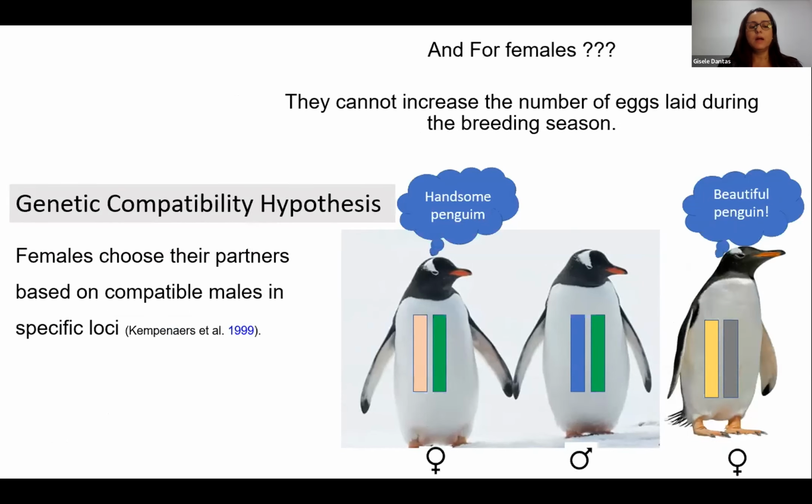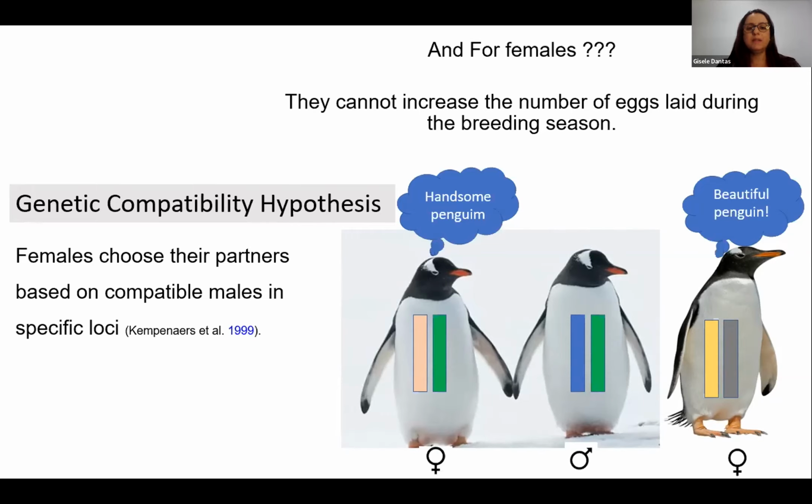And the last hypothesis is related to genetic compatibility, where females choose partners because of specific loci that are compatible with the males, for example, MHC loci, the major histocompatibility complex, that is the immune system.